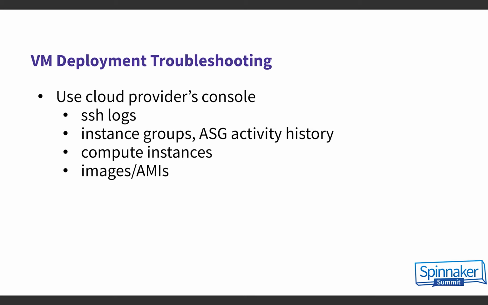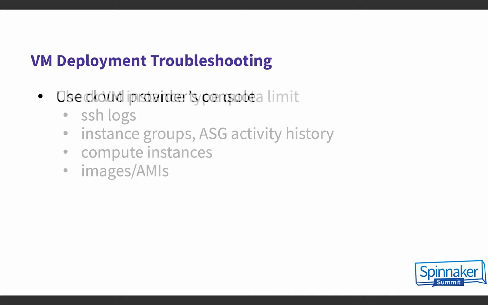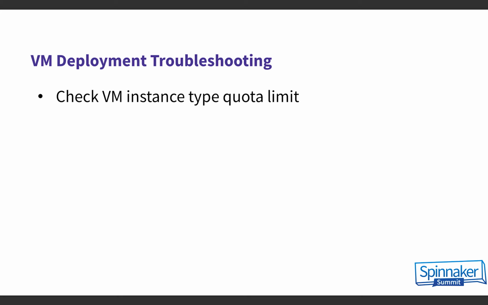Also check if your actual images and AMIs are shared with your account, because sometimes it's just a permissions issue. Look at the compute instances that get generated. And this one is important as well, because sometimes you're actually over the quota, so that's why it's not deploying any more VMs. So check on that too.